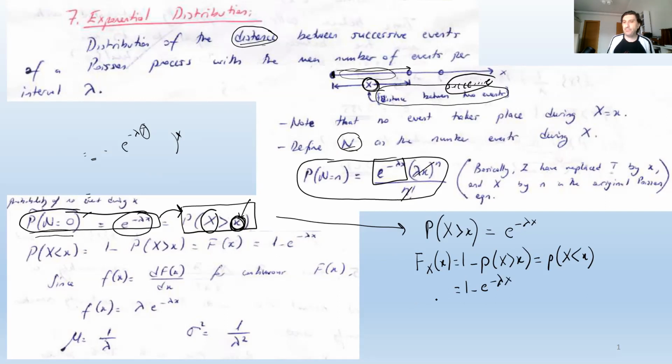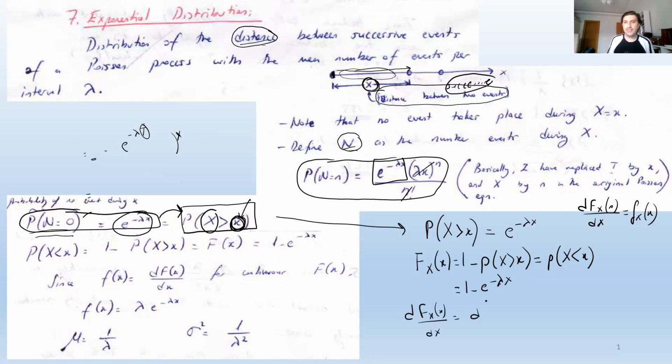Now we go back to the basics. Remember the definition that if our cumulative distribution function is continuous and differentiable, then when you differentiate it with respect to x, you obtain the probability density function. And that's what we do here. We just take the derivative with respect to x.